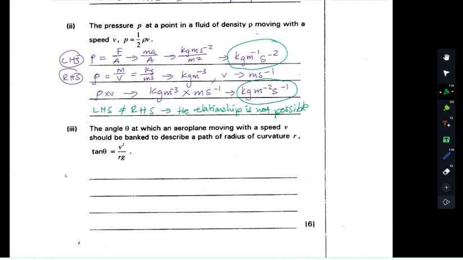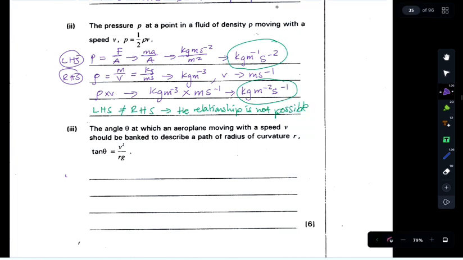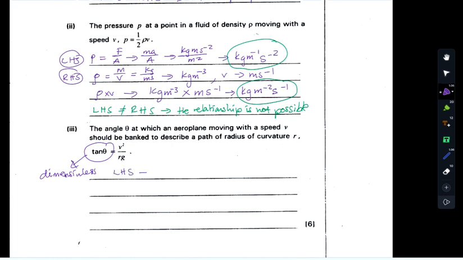Okay, now let's move on to the next one. The angle at which an aeroplane moving with a speed v should be banked to describe a path of radius of curvature r. From the fundamentals we know that tan, the trig ratios, are dimensionless. So the left hand side has no units.